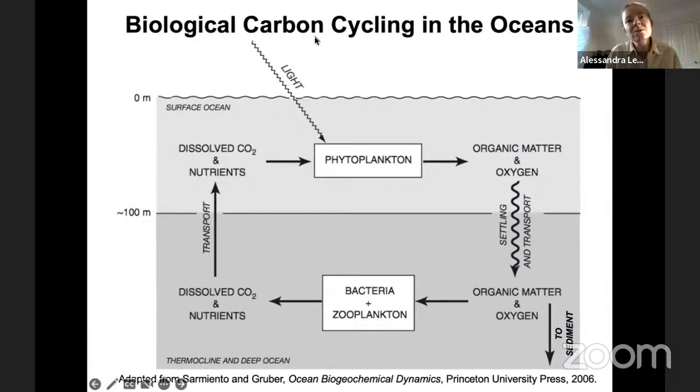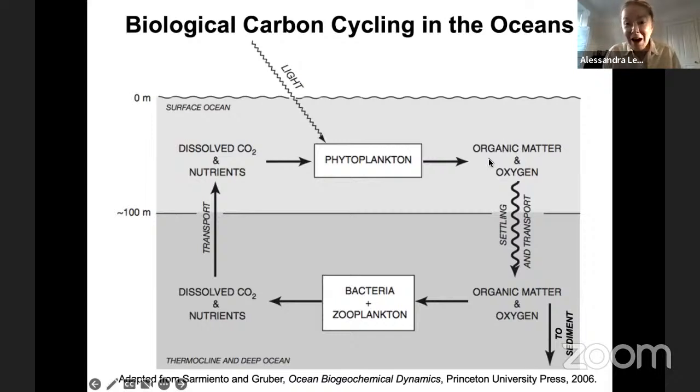This is a cartoon of biological carbon cycling in the oceans, and here are the surface waters. These first roughly 100 meters are the euphotic zone where sunlight can penetrate. And photosynthetic organisms, phytoplankton, will fix carbon dioxide into biomass. So the bulk of the organic matter in the oceans comes from the biological activity of these phytoplankton.